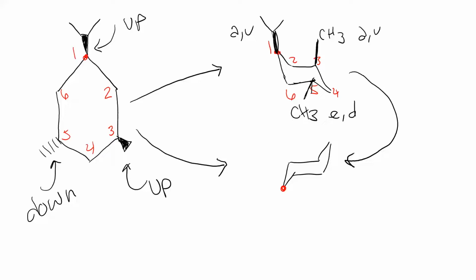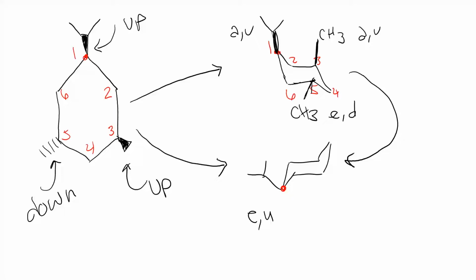But let's draw it out. So now notice that the same point, number 1, is facing down. That means that the axial position is down and the equatorial is up. And again, I know that my group is up, so it has to be equatorial up here. Notice again, flipped from our last ring.